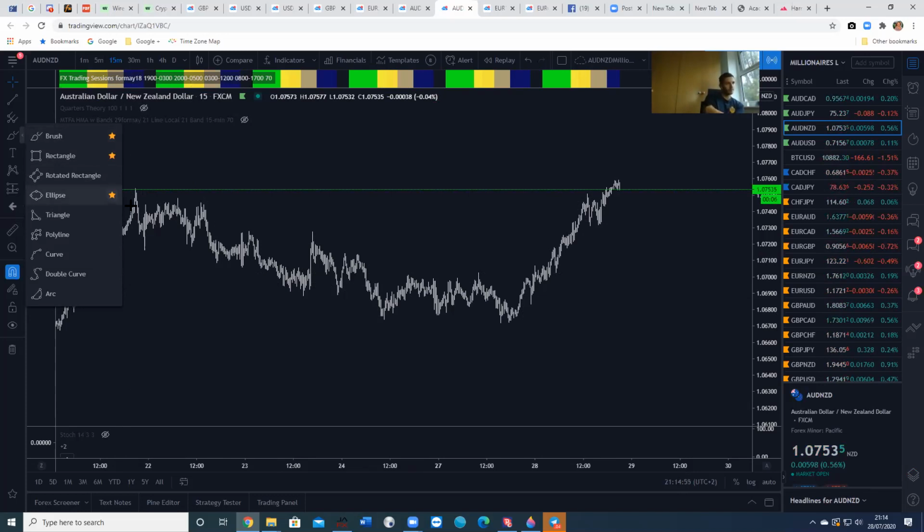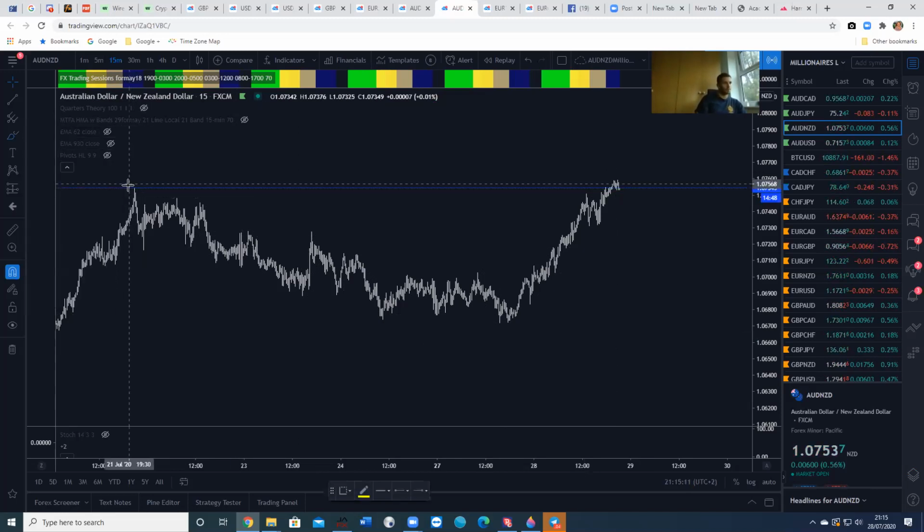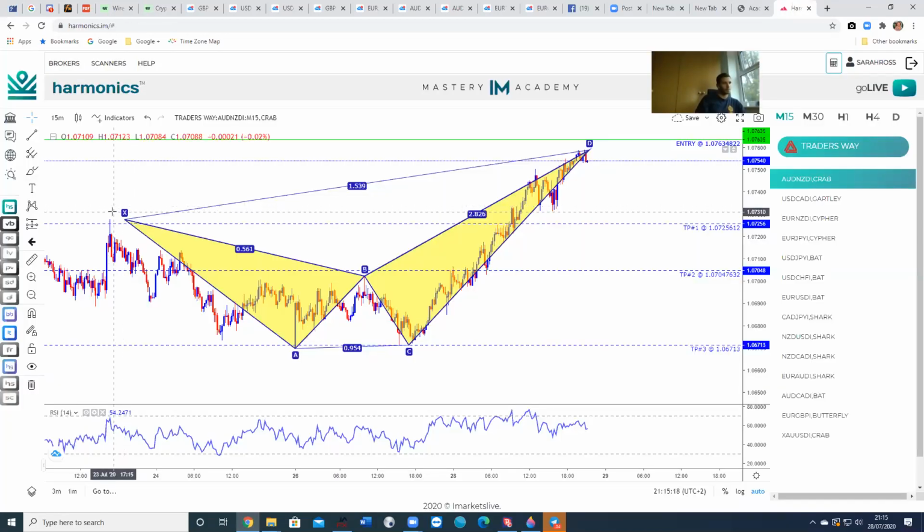So I can either do this visually, and I can say that looks like a high, that looks like the next low, that looks like the next high, that looks like the next low, and that looks like the last high. Or I can pick up a brush and I can say, okay, I know the X point was roundabout starting, line it up vertically and look at the date stamp at the bottom, 23rd of July at 16:45.